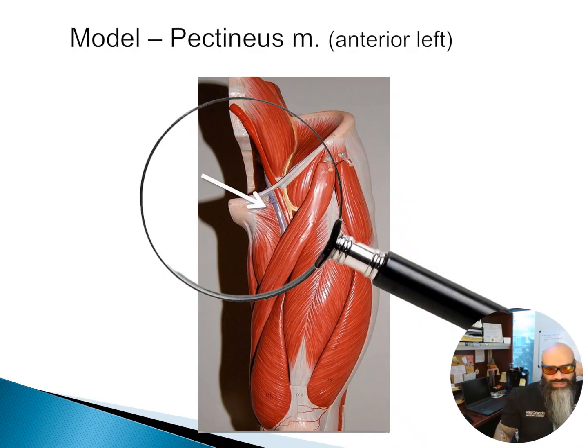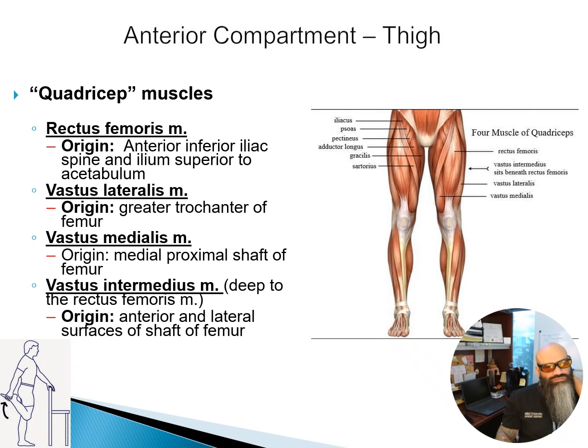Here's the pectineus muscle combined with the rest of the anterior thigh muscles. The quadricep muscles, here they are once again. Primarily, I just want you to be able to identify these on the structure.